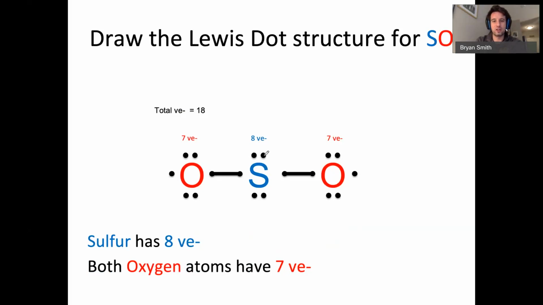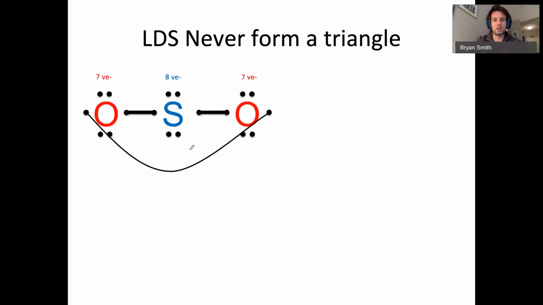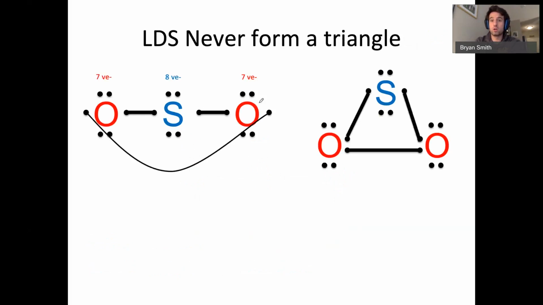And realistically, kind of any other thing, like if you draw a bond here, then you have 8, but now sulfur's got 9. If you draw a bond over here, same thing. Sulfur has 9, even though the oxygen has 8. So yeah, you can't just draw a giant bond over here. It would work out. Notice 2, 4, 6, 8 for sulfur, 2, 4, 6, 8, 2, 4, 6, 8.